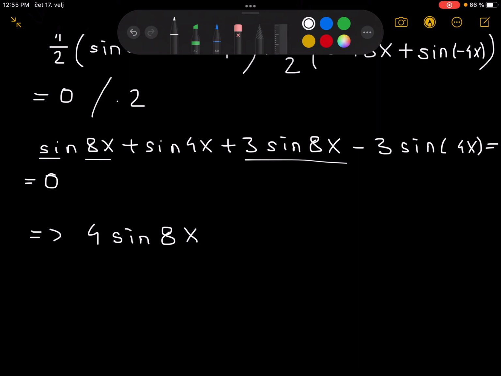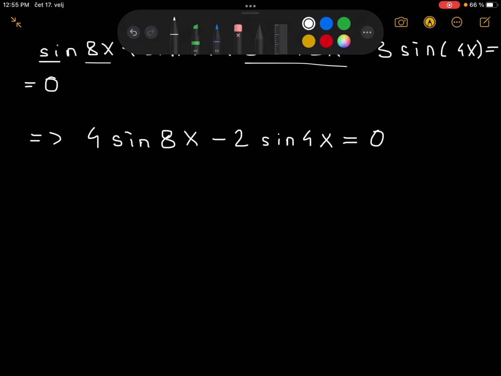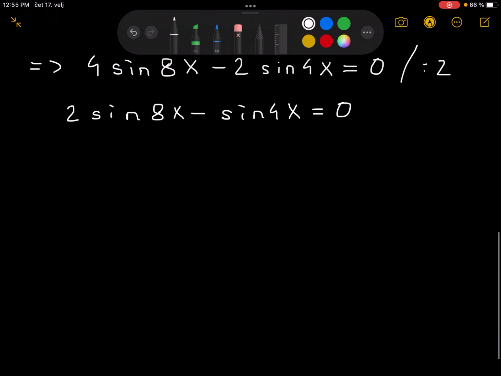So 4 times the sine of 8x minus 2 times the sine of 4x is equal to 0. Now this is a lot more manageable. I'm going to divide both sides by 2, which will give me 2 times the sine of 8x minus the sine of 4x is equal to 0.